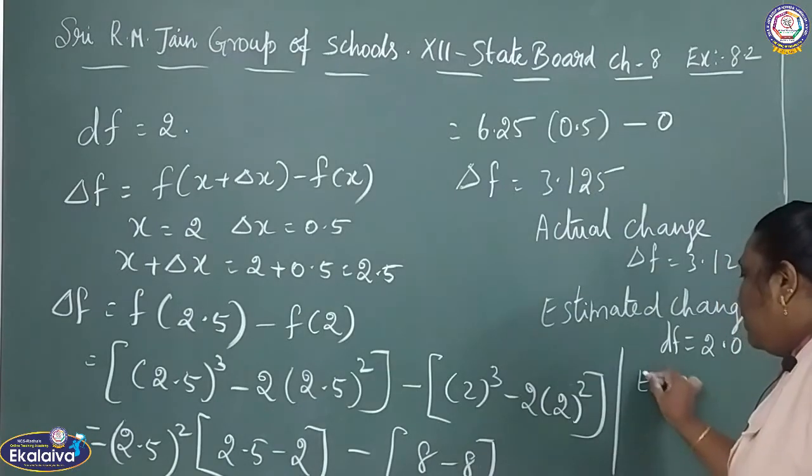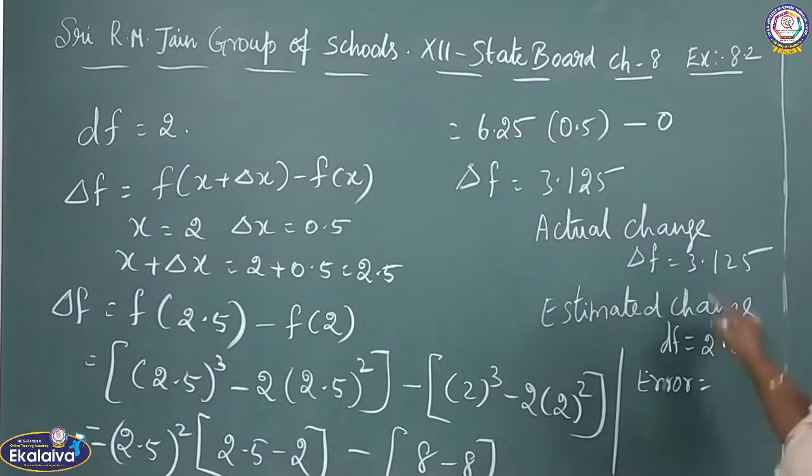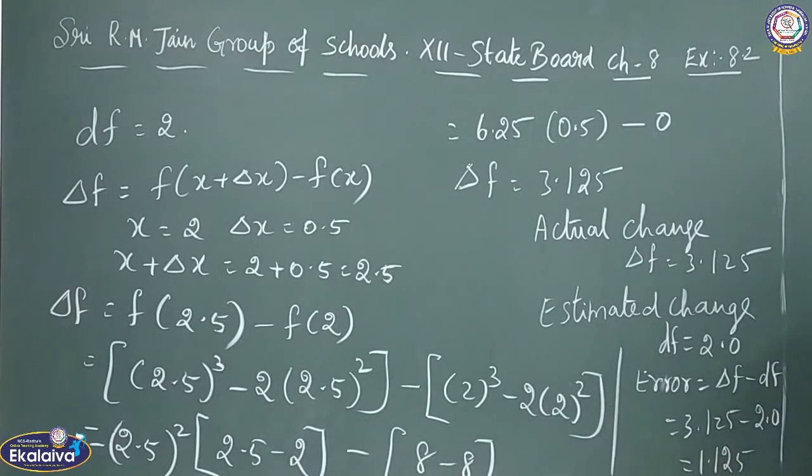Error equal to delta f minus df. So it gives 3.125 minus 2.0. The error is 1.125.